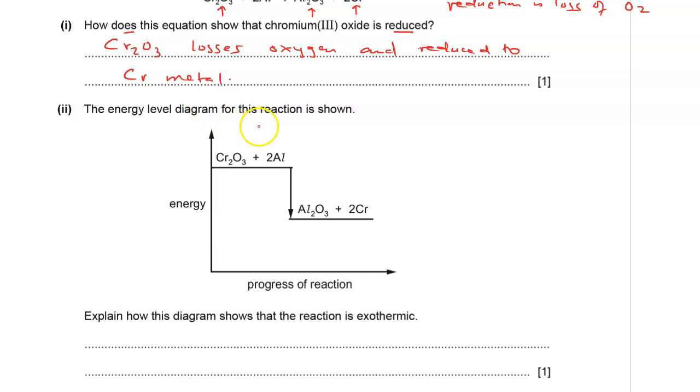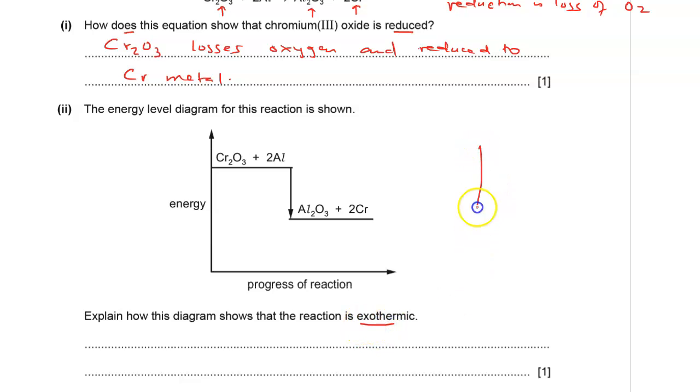The energy level diagram for this reaction is as shown. Of course, we have the reactants there, we have the products there, the progress of reaction, and then the energy. So the products are at a lower energy compared to the reactants. And therefore, when the reactants have got greater energy compared to the products, then the reaction is usually exothermic.